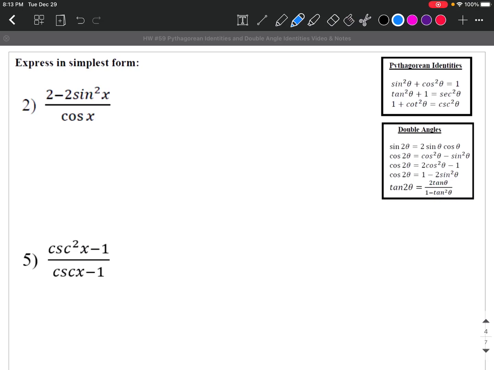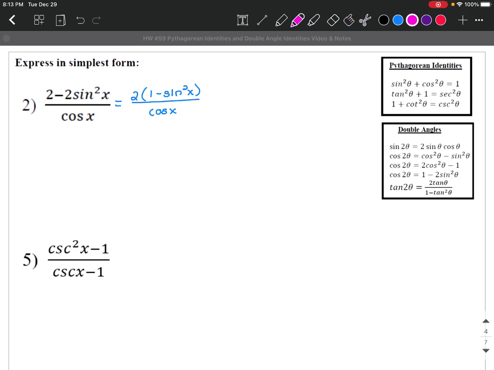All right, so when I'm looking at this, I look at that numerator and I see a common 2. I'm going to factor that out. And I have 1 minus sine squared x all over cosine x. Now, I notice I've got sines in the top and cosine in the bottom. I want to be able to have one trig function.